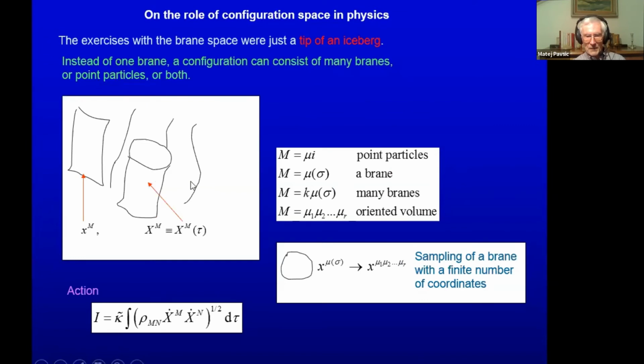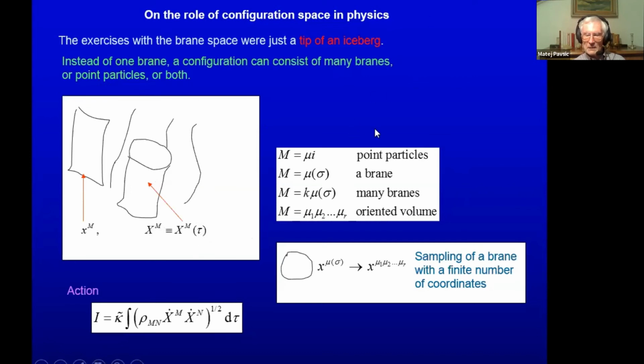So now such a generic, complicated configuration can be denoted by X capital M, and it is a function of a certain parameter.